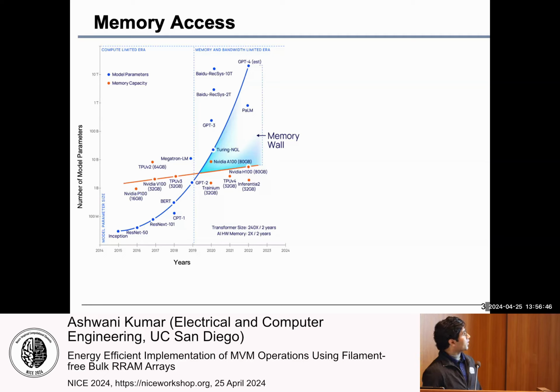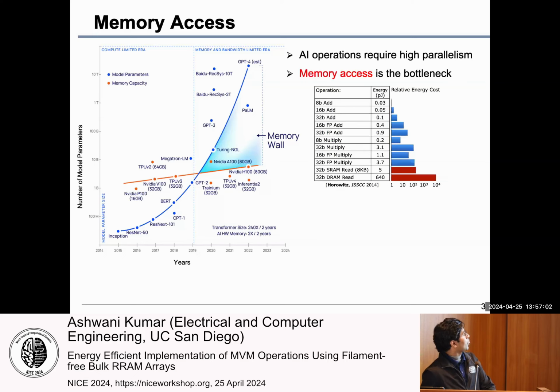But because of the emergence of AI models with billions of parameters, this memory wall becomes ever increasing. This puts a lot of challenges on implementing these large numbers of AI parameters, and that's why memory access is a bottleneck for this implementation.